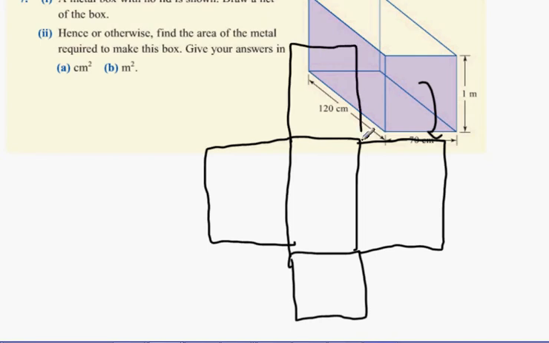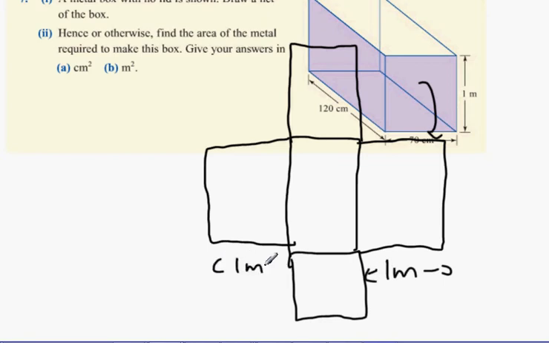Now remember, when we made our cubes yesterday, we should have had 6 sides, but we only have 5 sides because there's no top on the box. So what we're going to do next is write down the lengths of each one. This is 1 meter across. This is also 1 meter across.